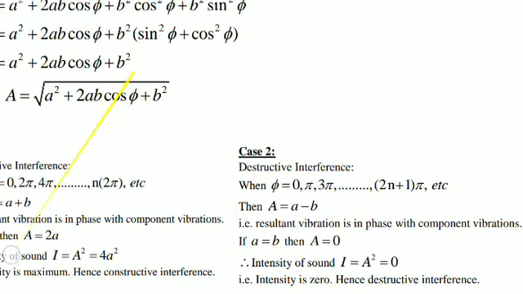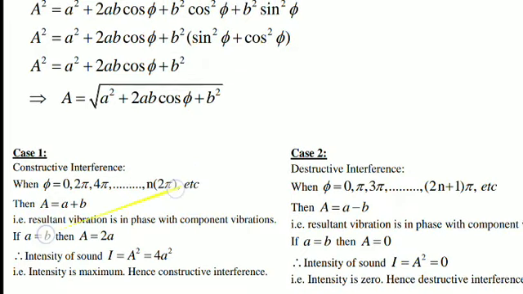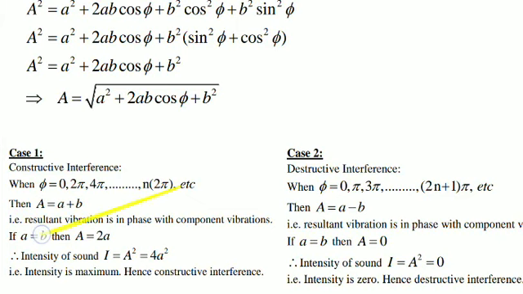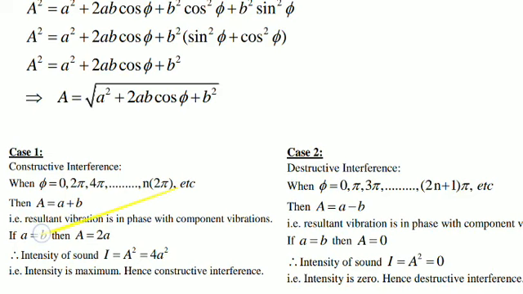For constructive interference, we know that there are two types of interference: one is constructive interference, another is destructive interference. In case of constructive interference, the amplitude is maximum and therefore the intensity is also maximum. In case of destructive interference, the amplitude is 0 and therefore the intensity will also be 0. Destructive interference will appear dark and constructive interference will appear bright.